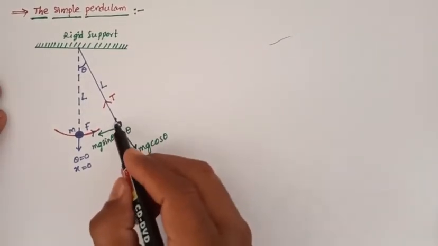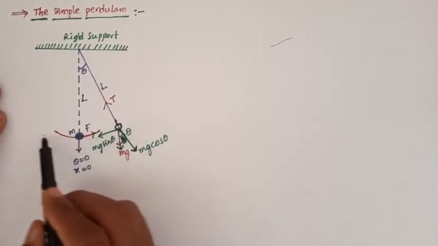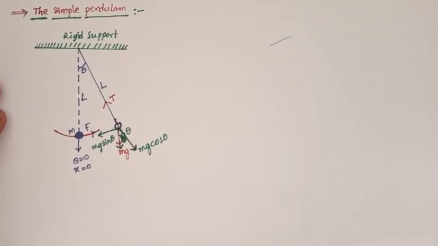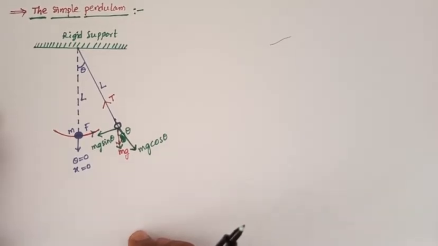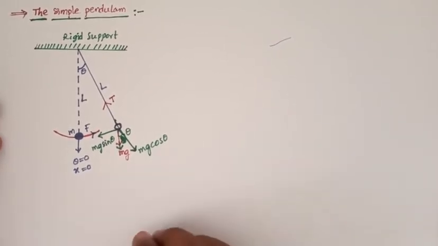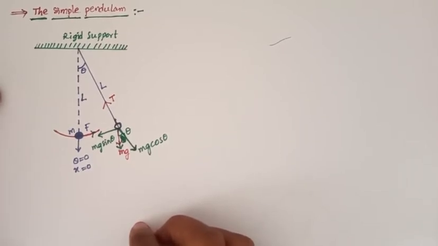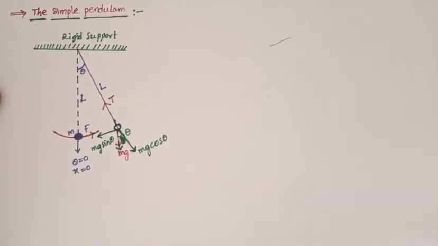This simple pendulum oscillates continuously due to two types of torque, that is, moment of force: first the radial torque and then the tangential torque. What is the radial torque?